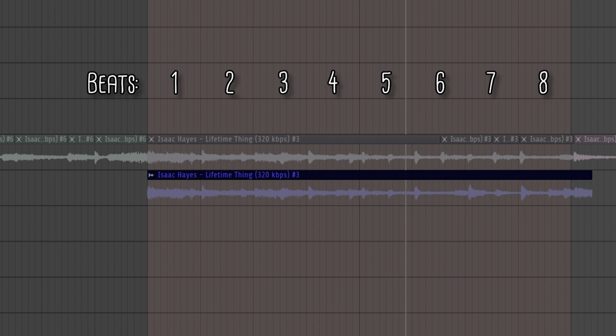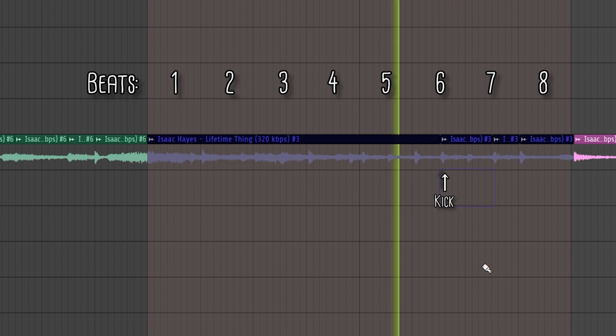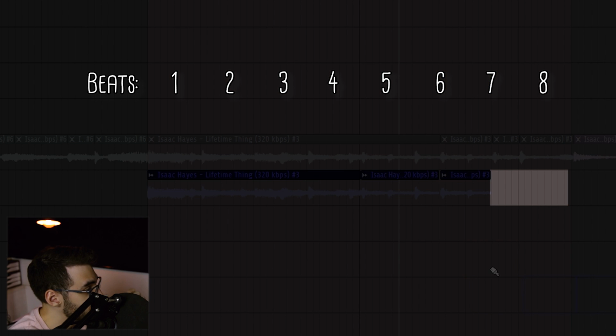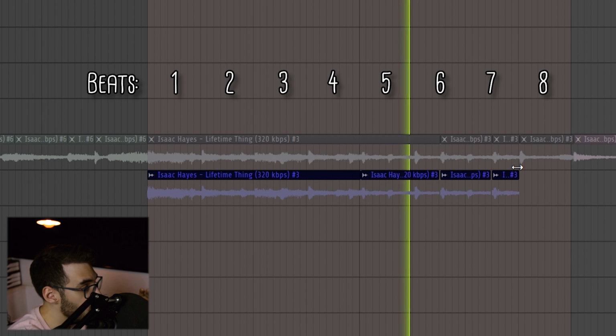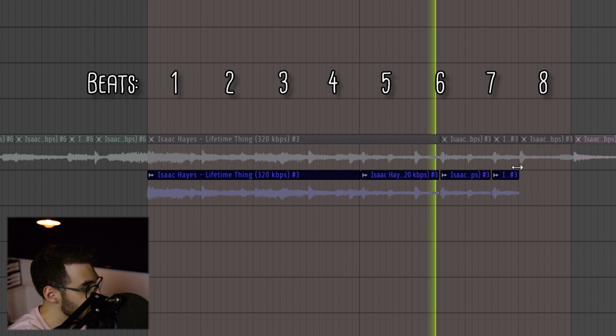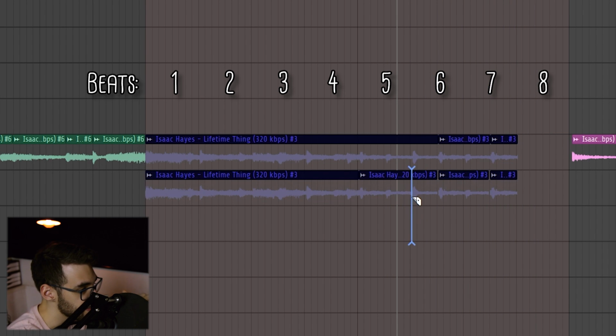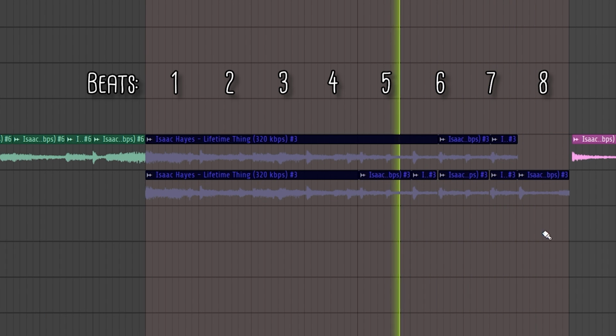So there's still 1.5 beats missing to reach the 8th count. So he uses the kick again, but only a half beat of it. That way it complements the half beat that was missing, and finished it with the snare chop.